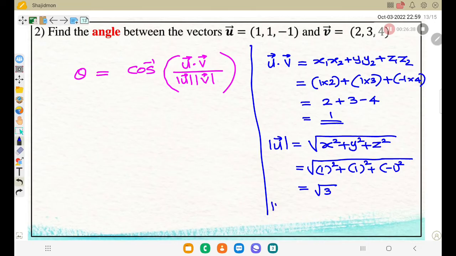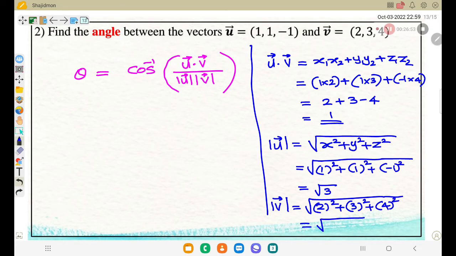Now absolute v, root of 2 power 2 plus 3 power 2 plus 4 power 2. We can check by calculator: 2 power 2 is 4, plus 3 power 2 is 9, plus 4 power 2 is 16. So root 29.